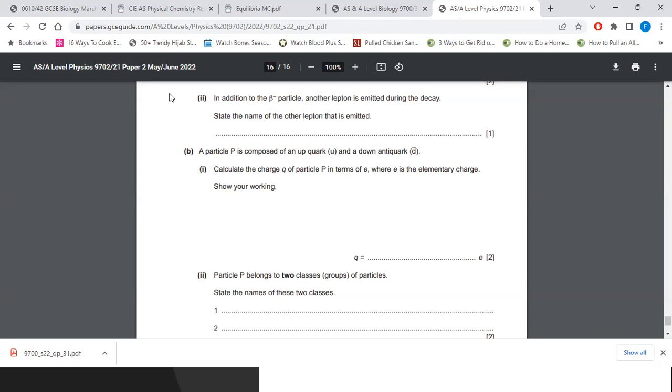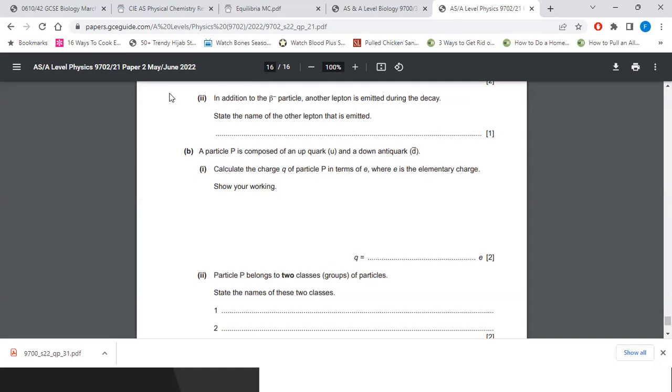Particle P is composed of an up quark and a down antiquark. Charge. Well, up quark is 2/3 times 2/3. The down antiquark is 1/3.